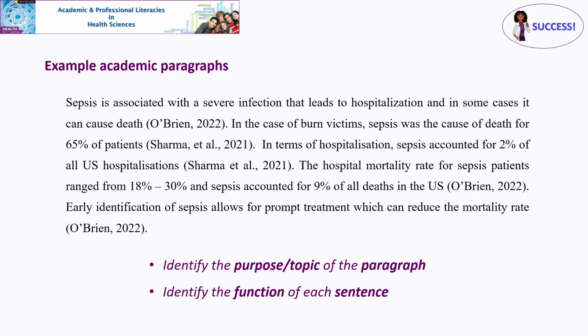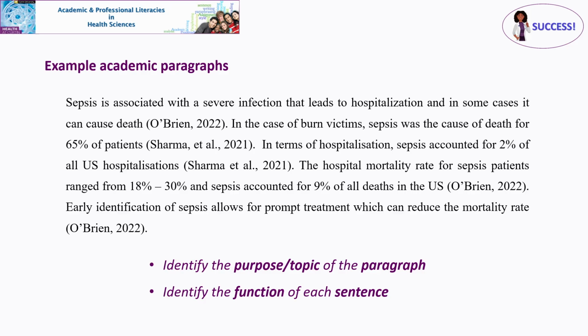Sharma et al., 2021. In terms of hospitalization, sepsis accounted for 2% of all US hospitalizations. Sharma et al., 2021. The hospital mortality rate for sepsis patients ranged from 18% to 30%, and sepsis accounted for 9% of all deaths in the US, according to O'Brien, 2022. Early identification of sepsis allows for prompt treatment, which can reduce the mortality rate. O'Brien, 2022.